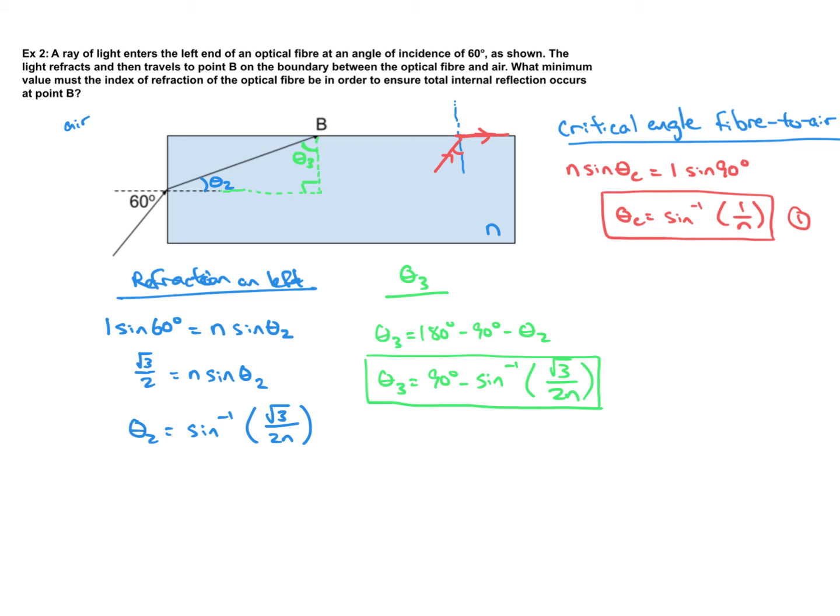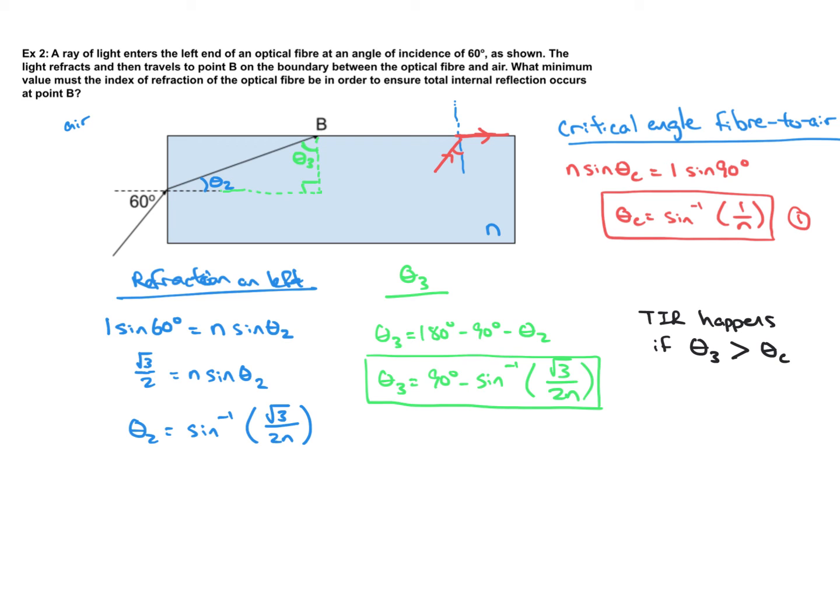How will we ensure that total internal reflection happens? So here's the key. Total internal reflection, I'll just use TIR for short, happens if theta 3, the angle up at the top, is bigger than the critical angle. Total internal reflection happens when the angle of incidence is bigger than the critical angle.